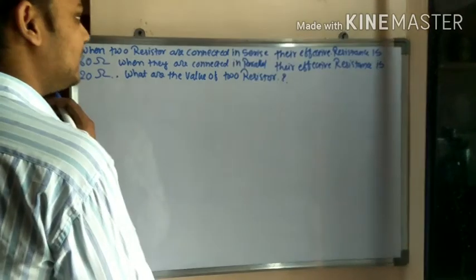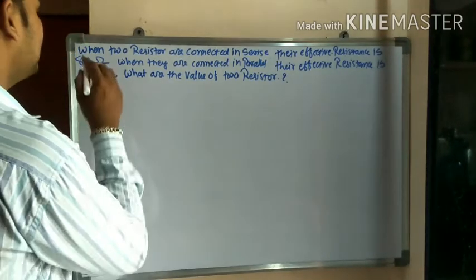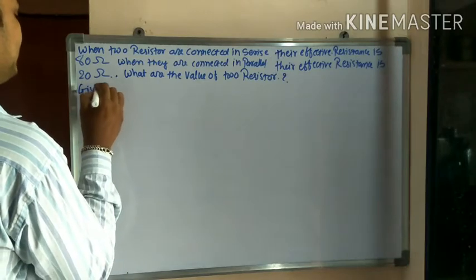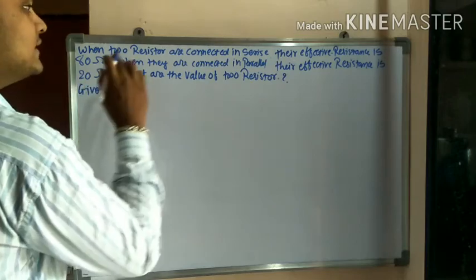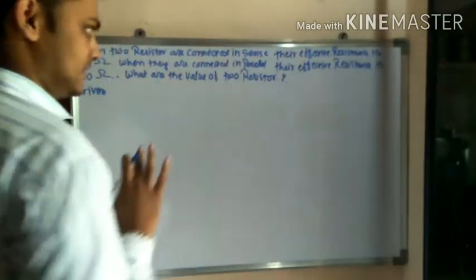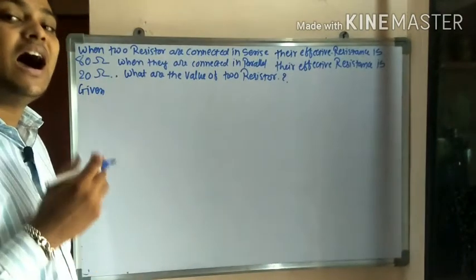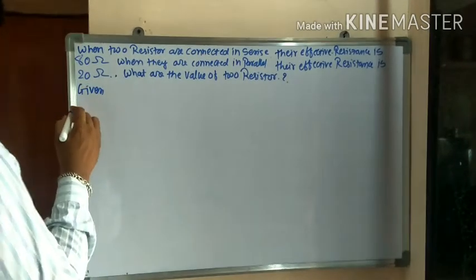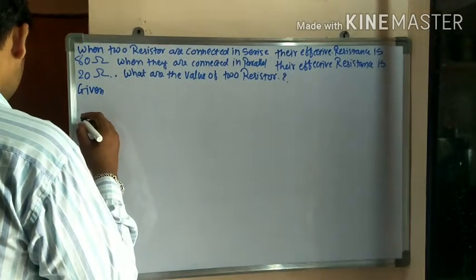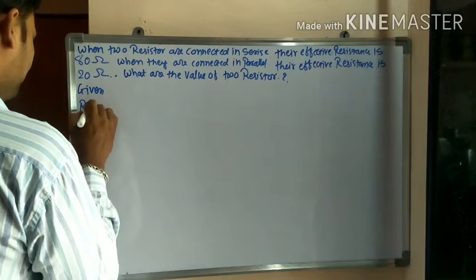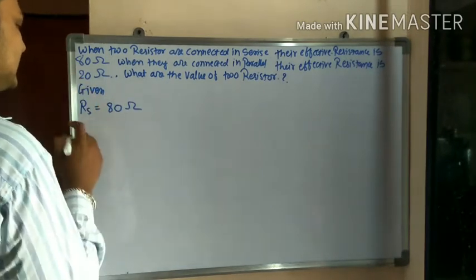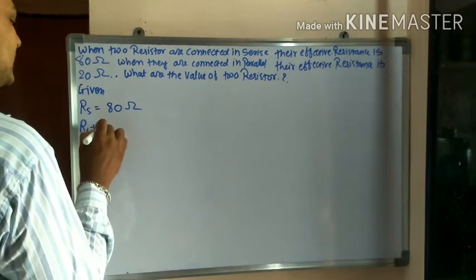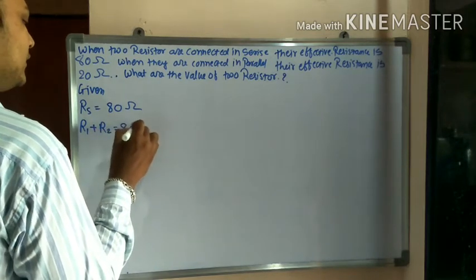So right now I am going to write down the given data first. When they are connected in series, series means RS. So RS is equal to 80 ohm, and RS is nothing but R1 plus R2, which is 80 ohm.